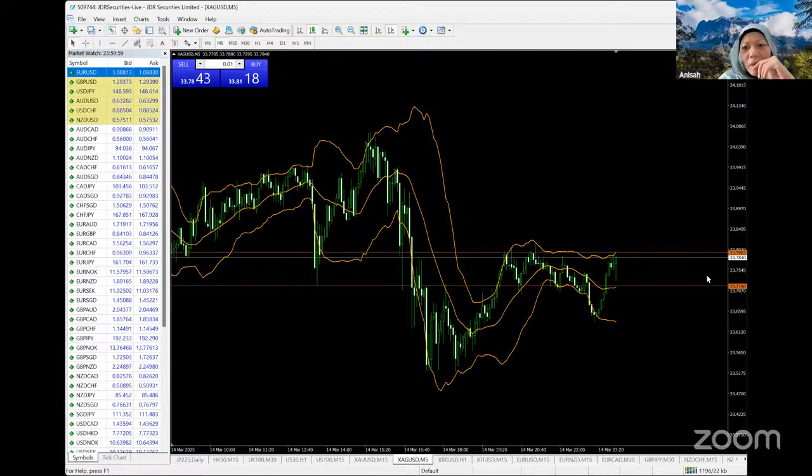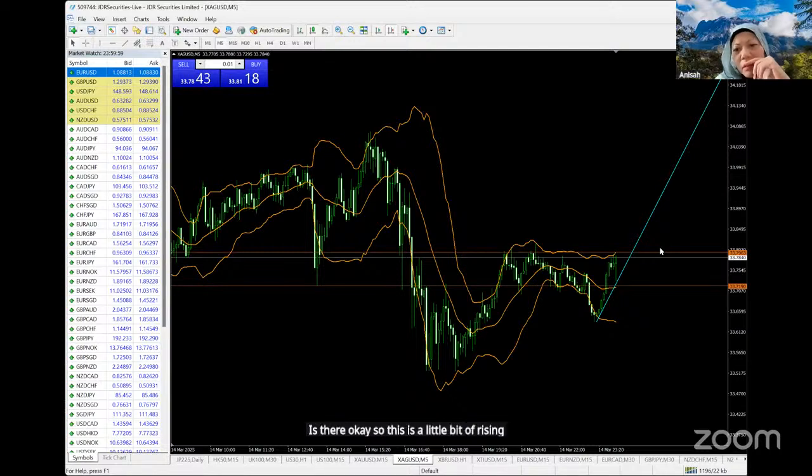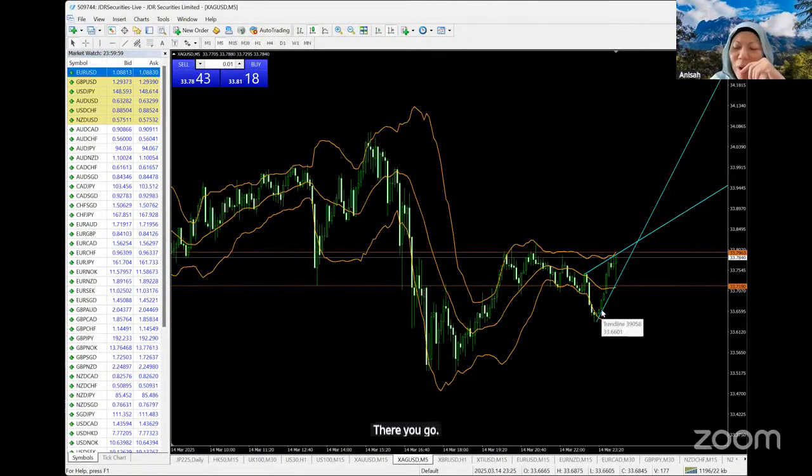But over here we can see this trend is there, so this is a little bit of a rising wedge, I would say. There you go, rising wedge.